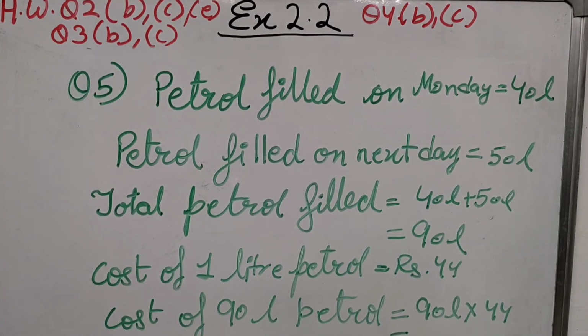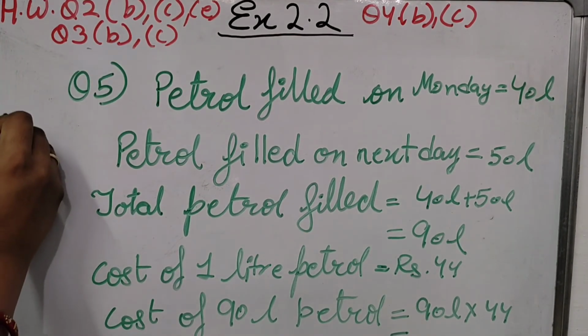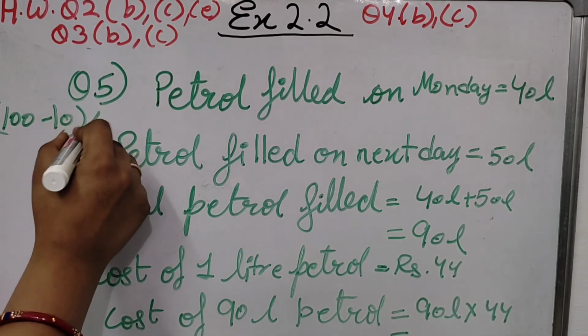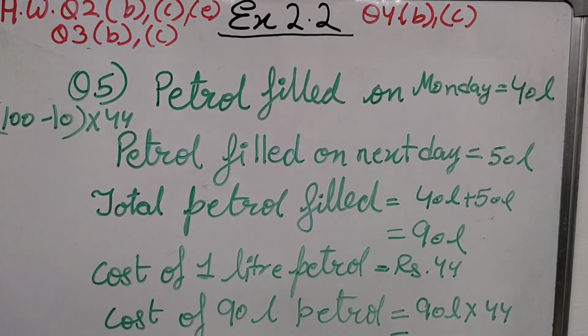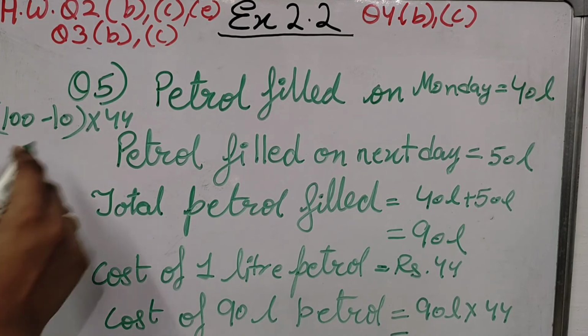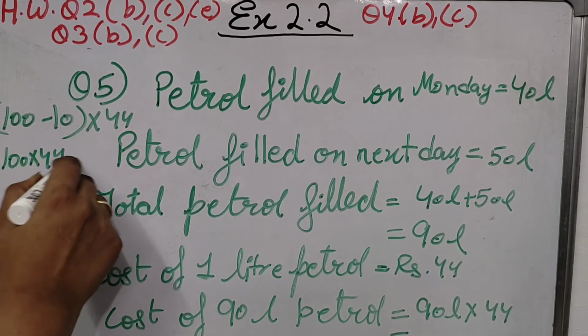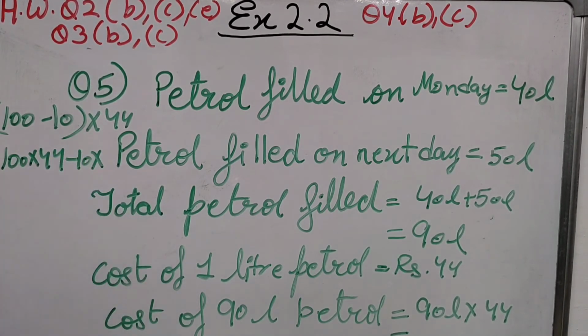So let's calculate. This 90 can be written as 100 minus 10 multiplied with 44. Then you have 100 multiplied with 44 minus 10 multiplied with 44.